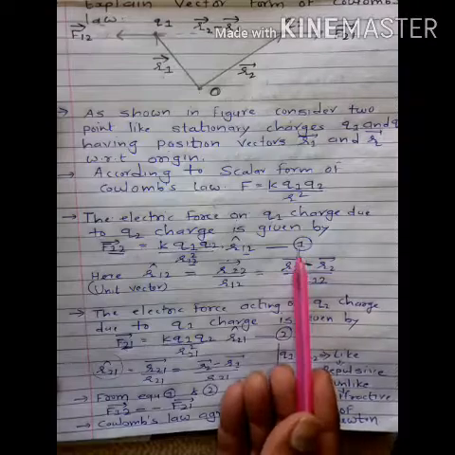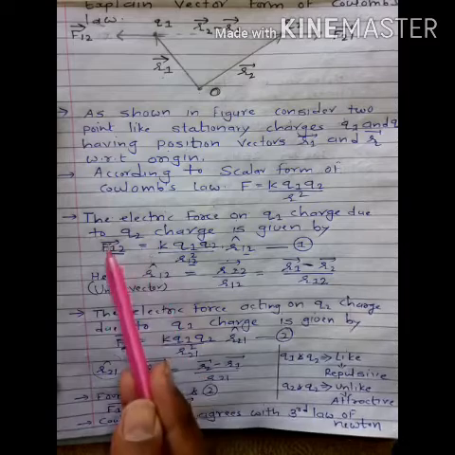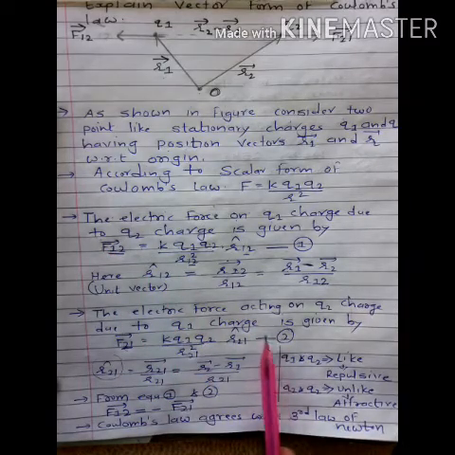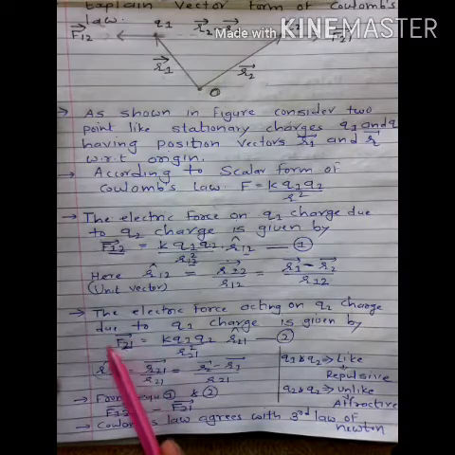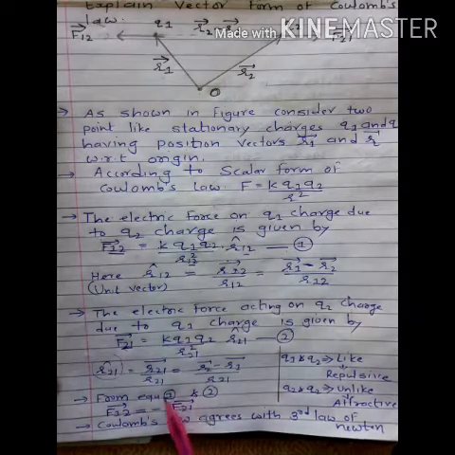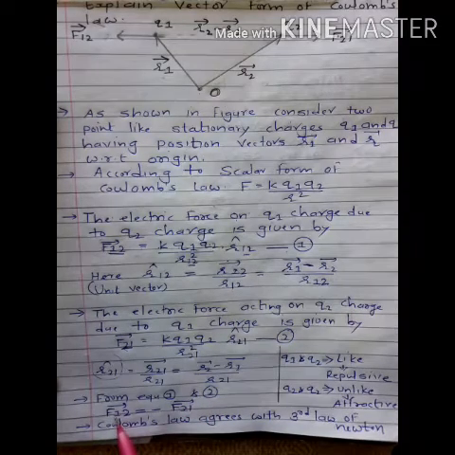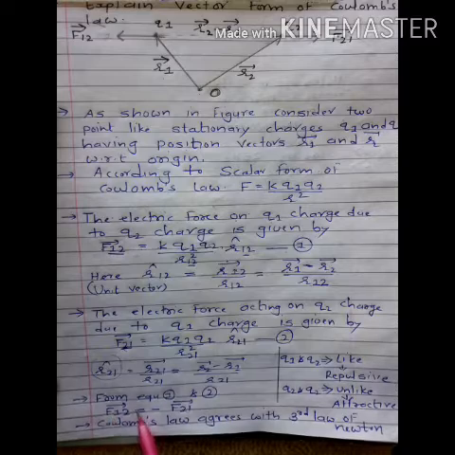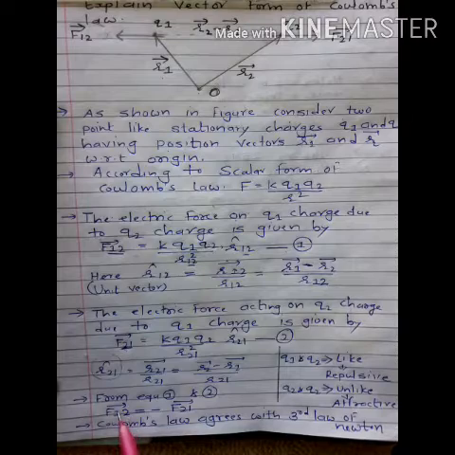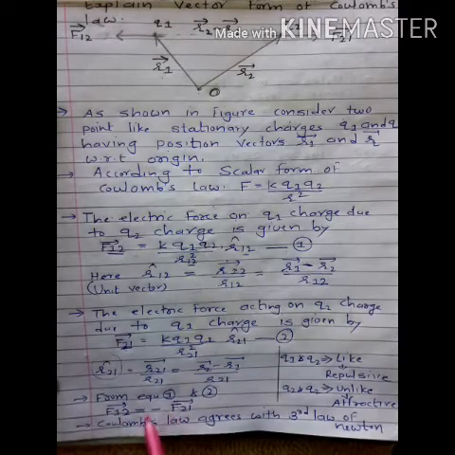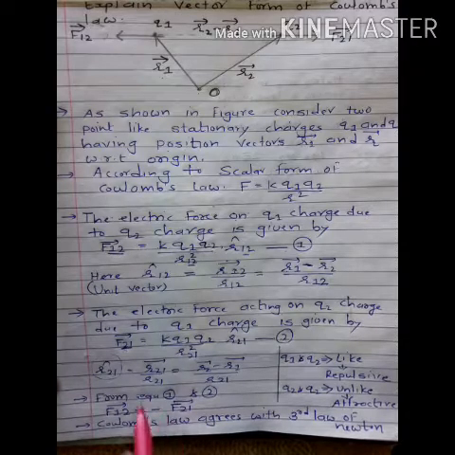We have the first equation, force on first charge by second charge, vector F12. We have the second equation, force on second by first, that is vector F21. If we compare these two equations, from equation number 1 and 2, we can say that vector F12 is equal to minus vector F21, meaning both forces are equal in magnitude but opposite in direction.